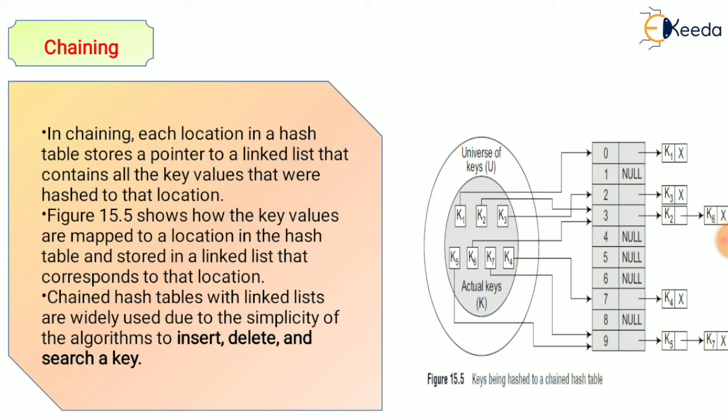So in a simple manner, like we are doing in the singly linked list, the same code we are using here also to insert, delete and search any element from the hash table.